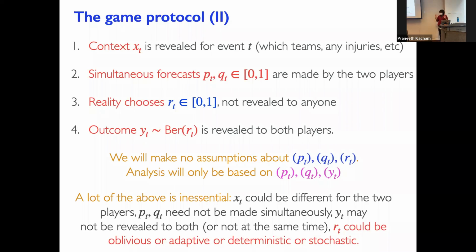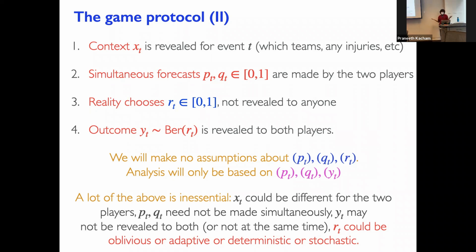That's an allowable RT. It could be stochastic, it could be anything. We're not going to make any assumptions on that sequence. So what you said, RT could be YT, that's allowed in this protocol. RT could be just 0 or 1 in each round. Maybe reality says RT is 0 in this round, and that's what you see, and in the next round reality says RT is 1. That is a possible sequence of plays by reality that's allowed.